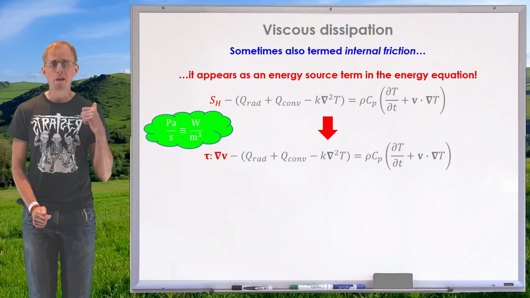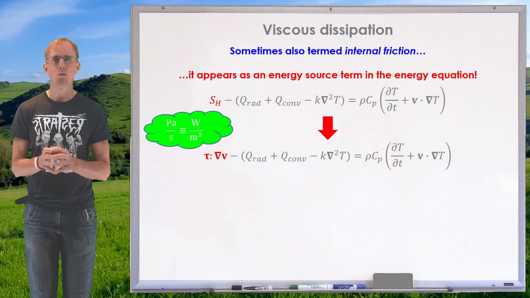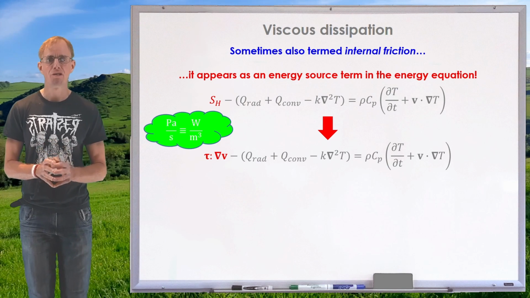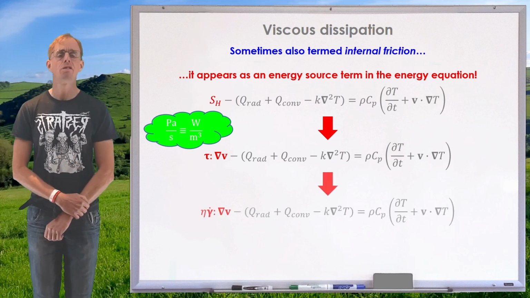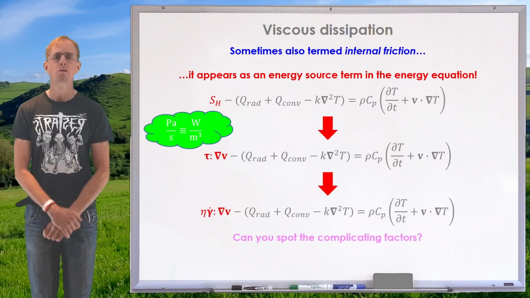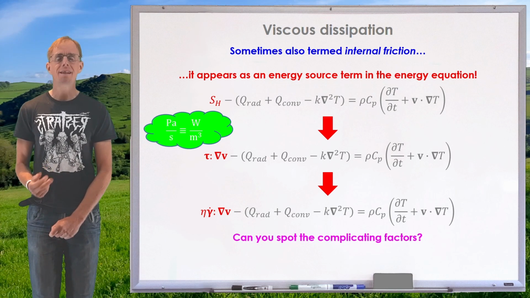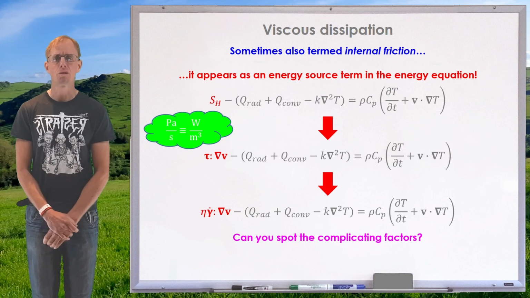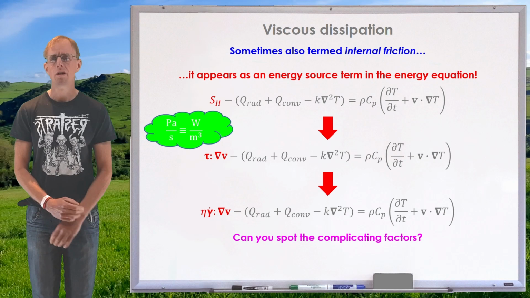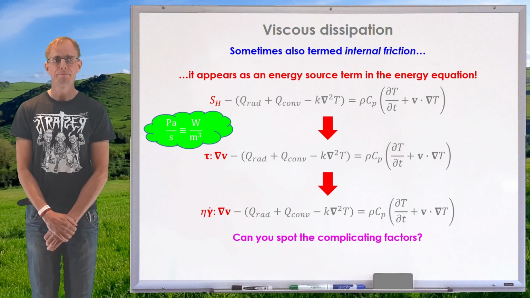So we can quite validly incorporate tau double dot product grad V as the energy source term due to viscous dissipation. We can simplify that one step further, because if we're going to make an assumption that flow is going to be described in a generalized Newtonian manner, tau is going to be eta, my non-Newtonian viscosity, my generalized Newtonian viscosity, could be Cross, could be power law, times gamma dot, my rate of strain tensor.